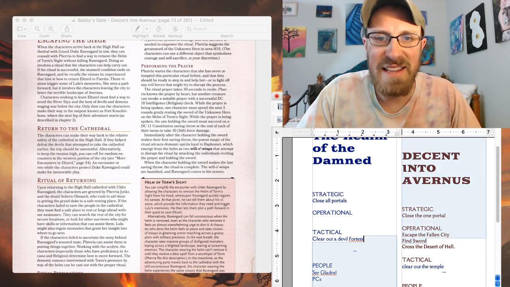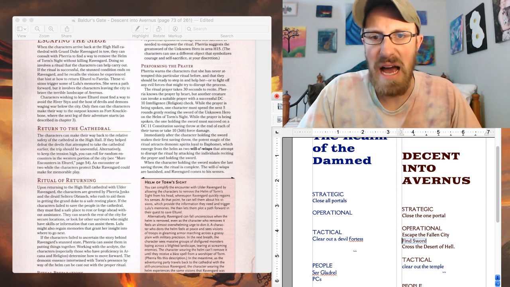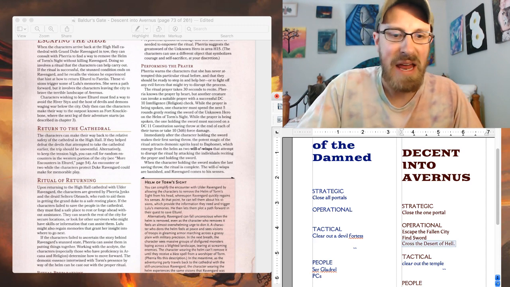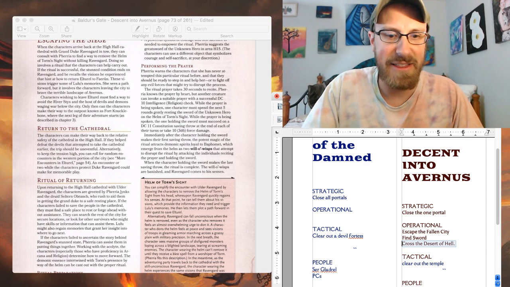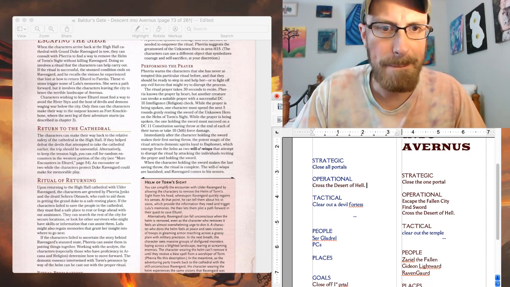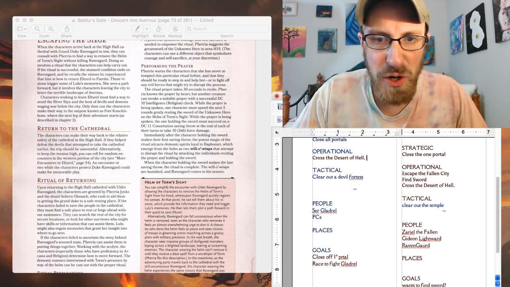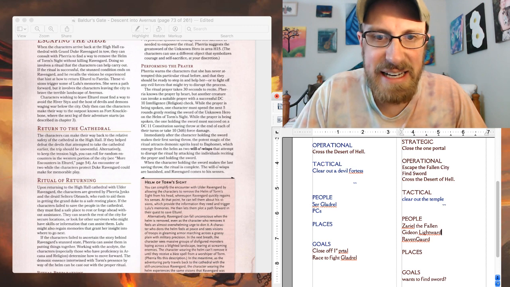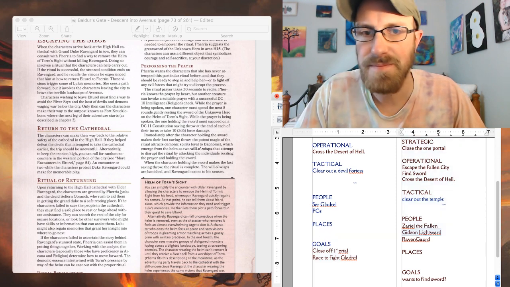Find the sword, I don't think that really quite fits. Cross the desert of hell. Now that sounds like a great one, so I'm going to go ahead and take this one right over here into mine. So, Ravengard, Gideon Lightward, he is a zombie, right? Awesome.